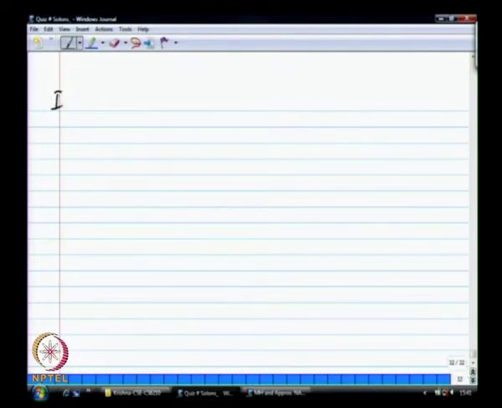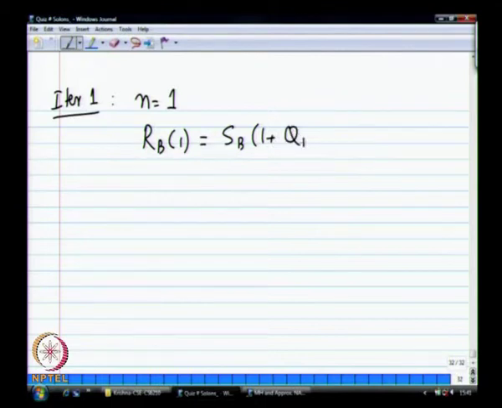So now we go to iteration 1. So n will take the value 1. What if there is only one customer in the system that is circulating? So RB of 1 is simply SB into 1 plus QB of 0.